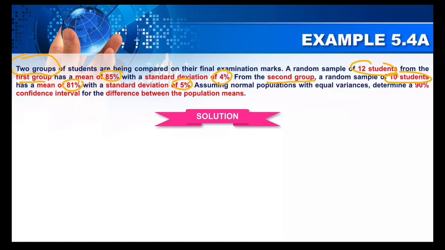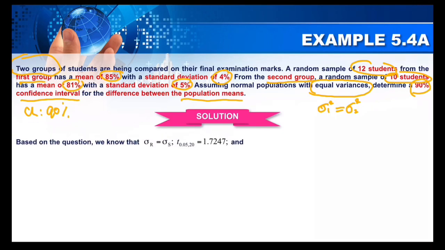Assuming normal population with equal variance, meaning sigma 1 square equals sigma 2 square, determine a 90% confidence interval for the difference between the population means. So from the question we know equal variance, alpha is 0.1, alpha over 2 is 0.05.